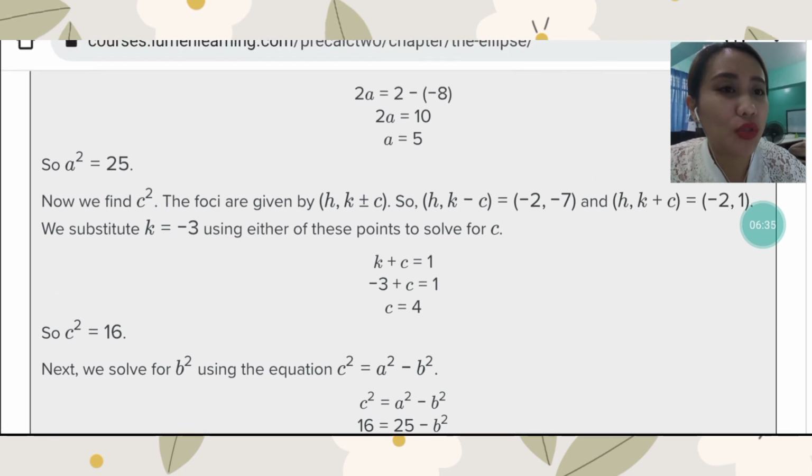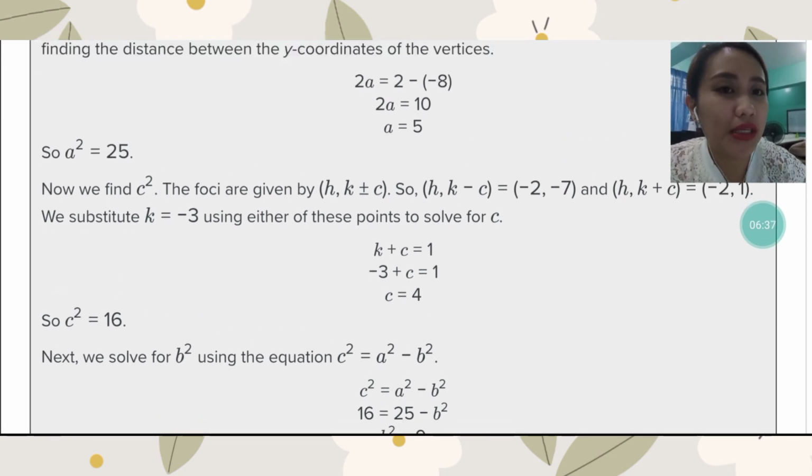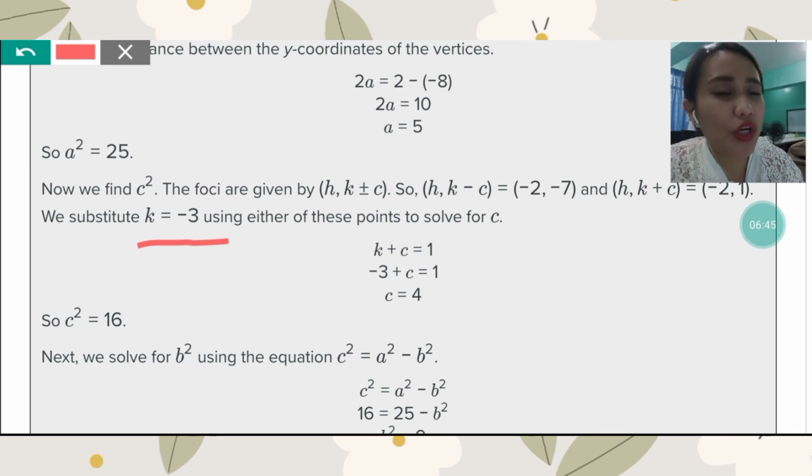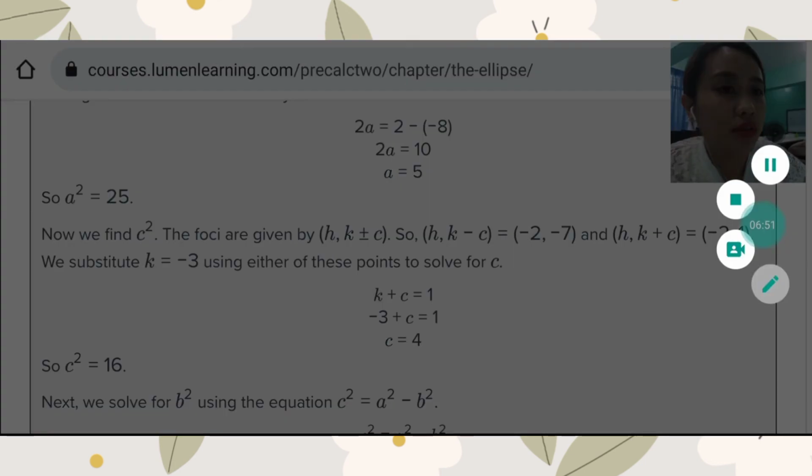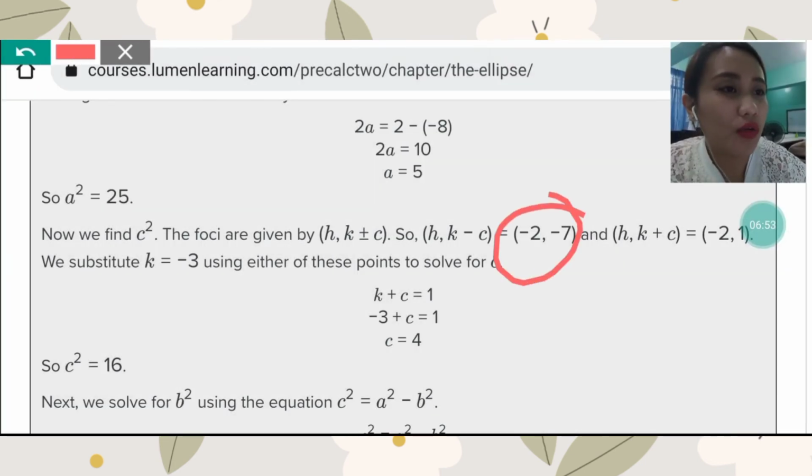So we substitute k is equal to negative 3, using either of these points to solve for c. You can use either this one or this one.